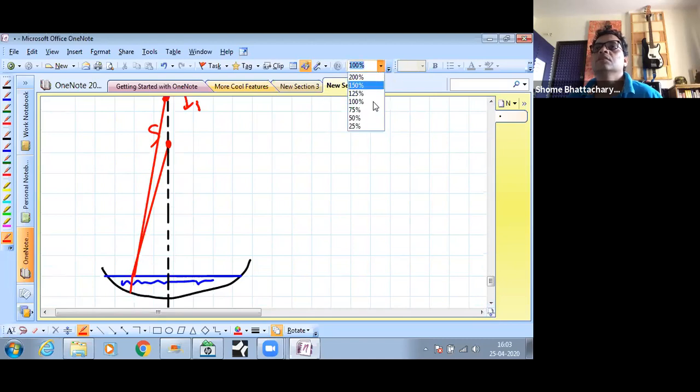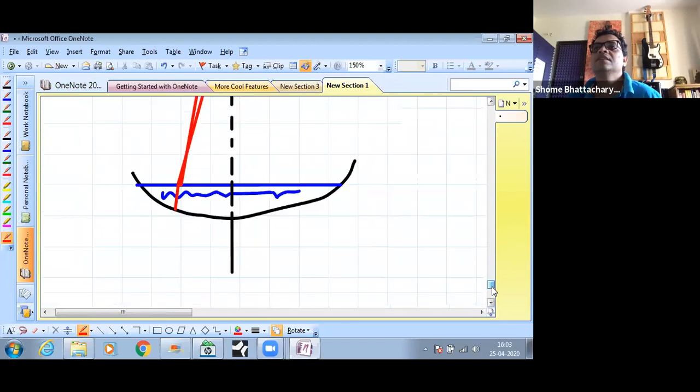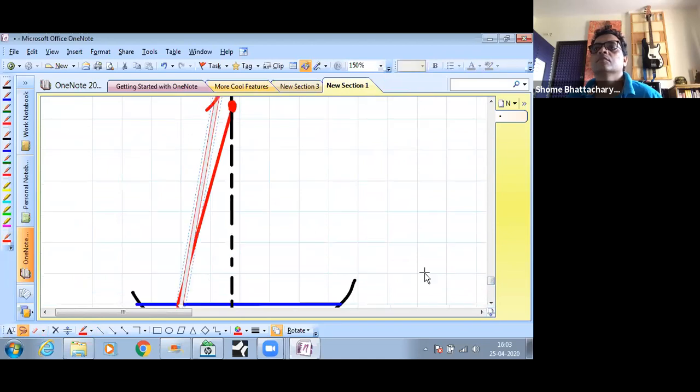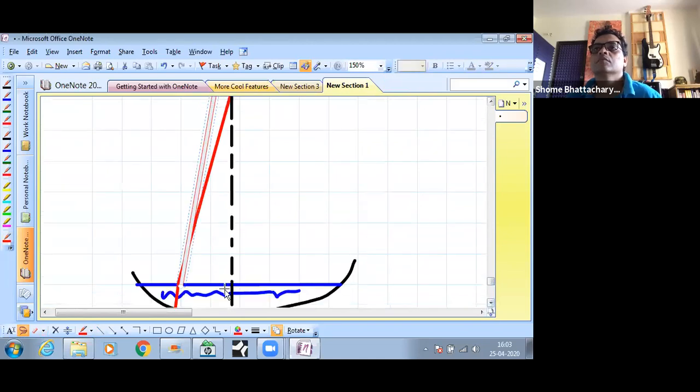So again, I'll just magnify this a little. So this refraction that is happening from air to water, so you can see that this is your refracted ray.